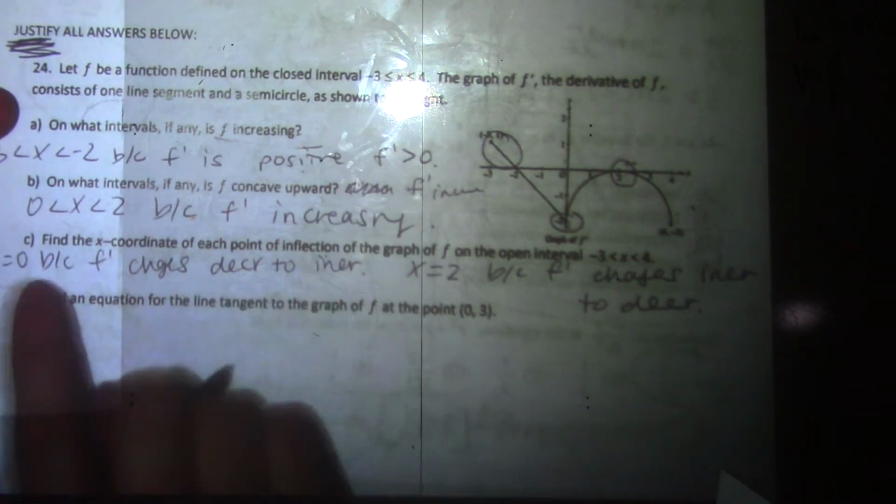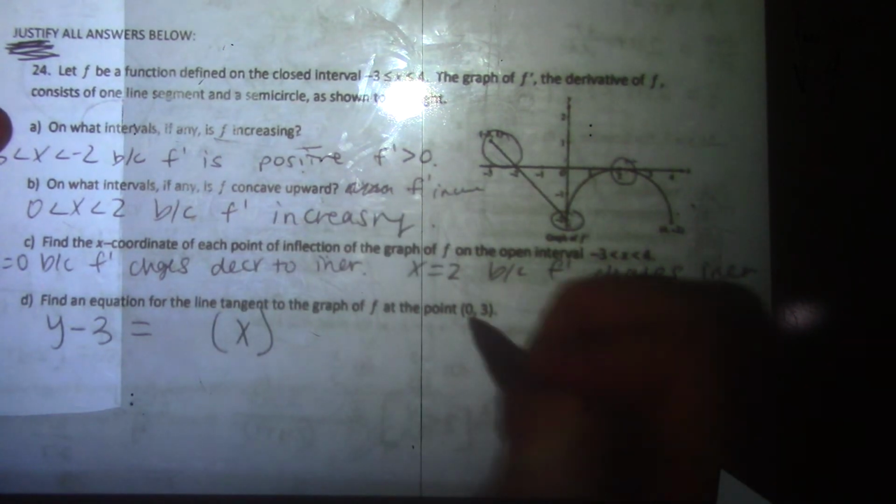And also x equals 2, because f prime changes from increasing to decreasing. So make sure you match this description to the point, right? Don't say x equals 0 and x equals 2 because it changes from increasing to decreasing or decreasing to increasing. Match each one.